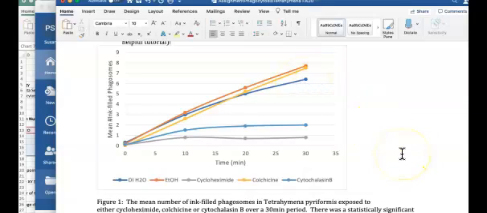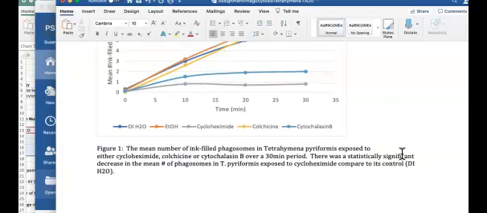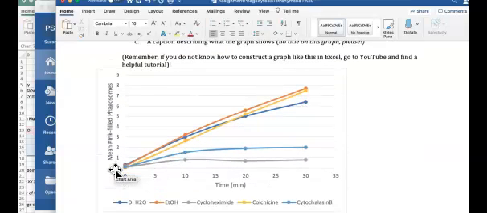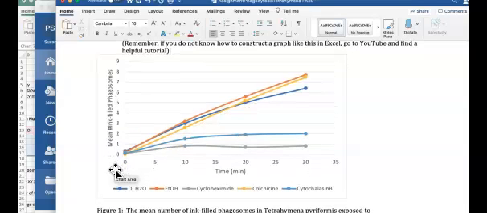You could also include the p-values in your caption. You could tell the reader what your p-values were for those three comparisons. There are all different ways that you can tell the reader what exactly this particular graph is showing them in terms of your results. So, do your best when you're writing your caption to be thorough and tell your reader what they're looking at.